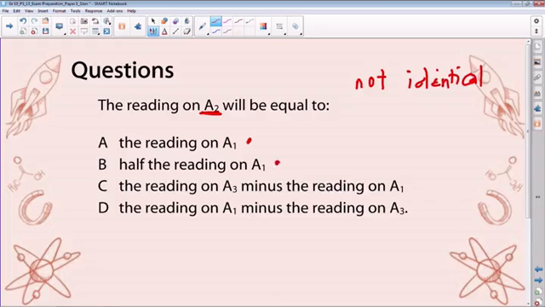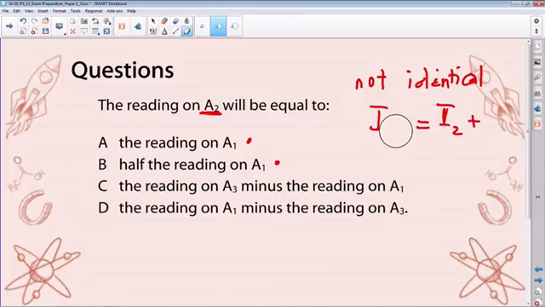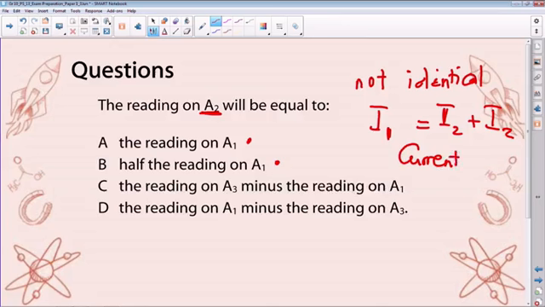Now, we know that I total in this case is the current that goes through I2, which is regulated by A2, plus I3. It has been labelled I1, so I1 is equal to I2 plus I3. Why? Because current has been divided. Very key: current is divided because this is a parallel circuit.